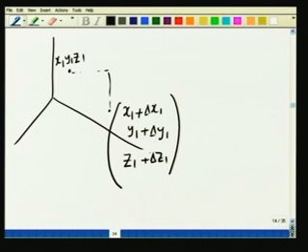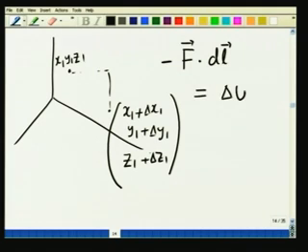Then the work done, since this is a conservative force field, by the force is F dot dl, and work done by us is going to be minus F dot dl, and this is going to be delta u.